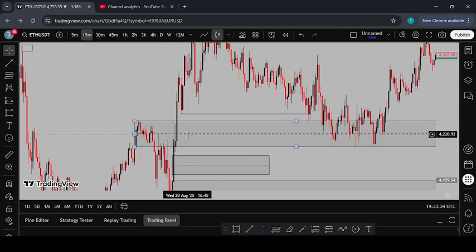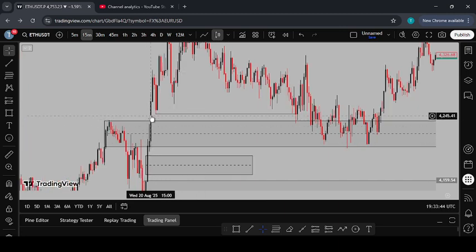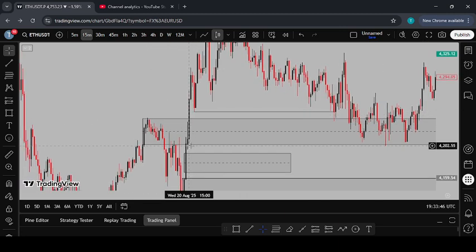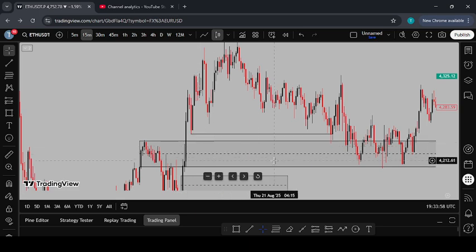The market has mitigated this block already. This mitigation block now would not be valid for you to take a trade off. As you see this, there's a clean gap, right? When we saw this breakout, there's a clean gap. This is even a smaller time frame. There's a clean gap even on the 15 minutes time frame. The market did not come back to this region. It avoided it and went. Coming back now, it is unmitigated.